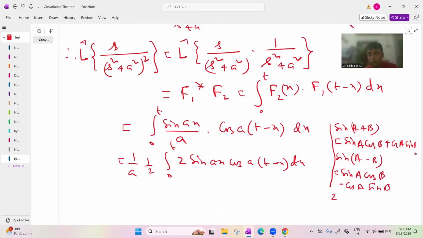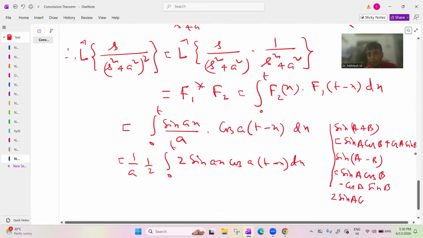So we are getting 2 sin A cos B equal to sin(A plus B) plus sin(A minus B). Clear?